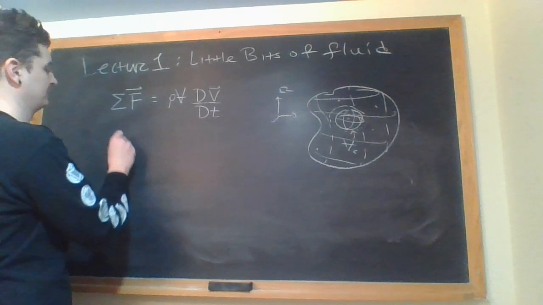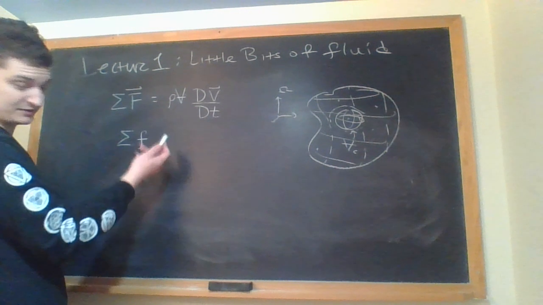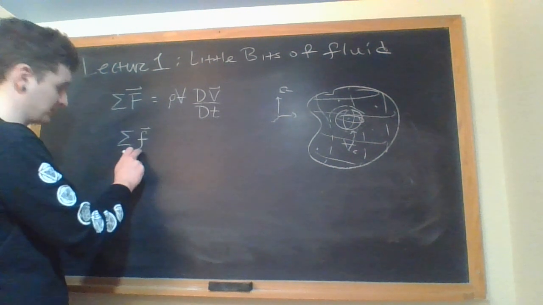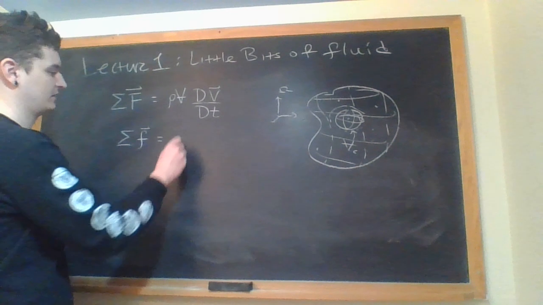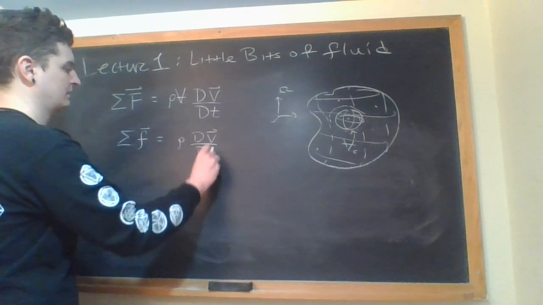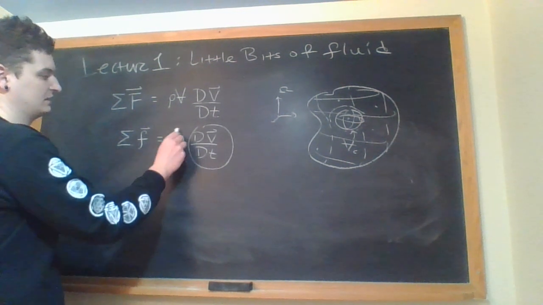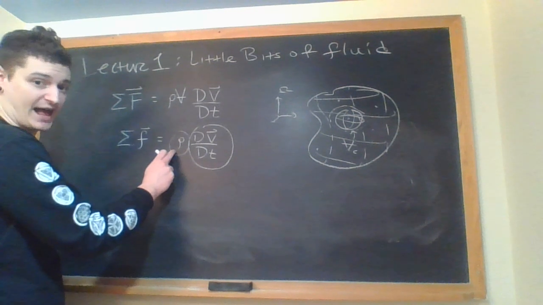So divide out by unit volume. Lowercase letters usually represent per unit volume, and you get this. Just appreciate that we have an understanding of what this term means now. If it's constant, this isn't that bad.